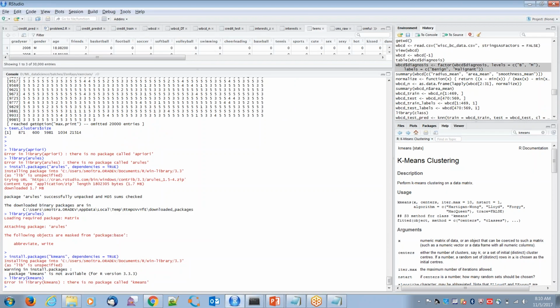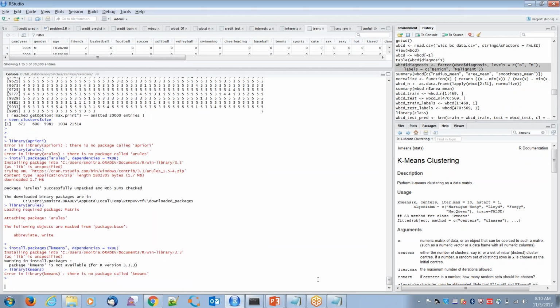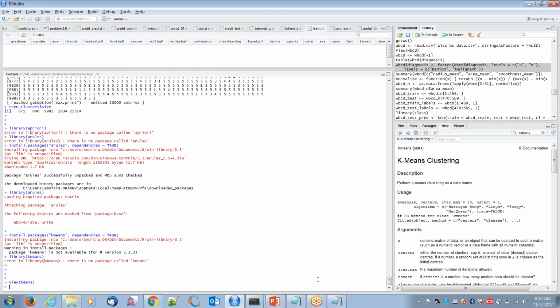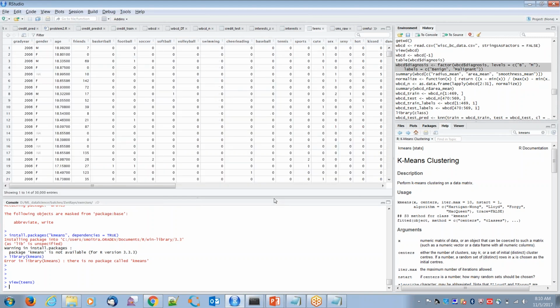Okay, so let's look at some unsupervised data. So I have taken some unsupervised data. Let's say this is the social media data of certain teenagers, and say some sports company, let's say Nike.